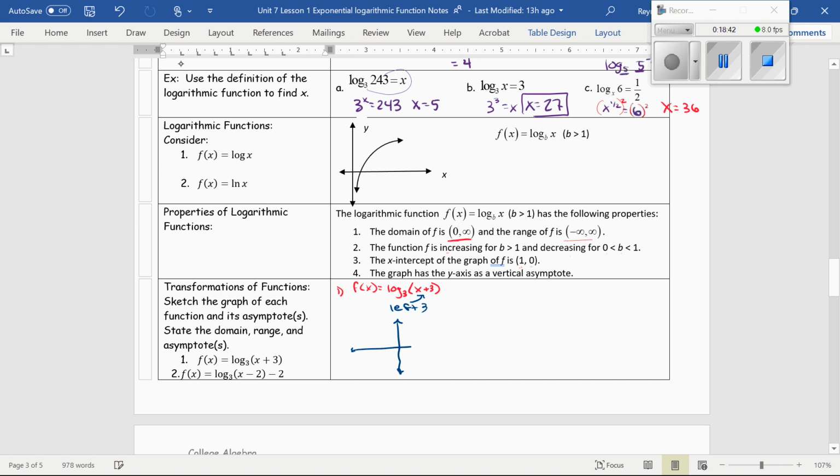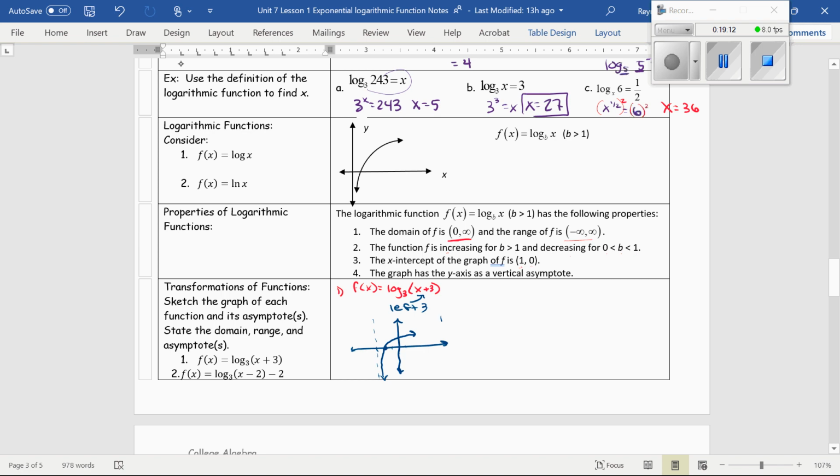So if this is your parent function up here, this point where it crosses at (1, 0) is going to go left 1, 2, 3 and be at (-2, 0). Instead of having a vertical asymptote at x equals 0, we're going to have a vertical asymptote at x equals negative 3.